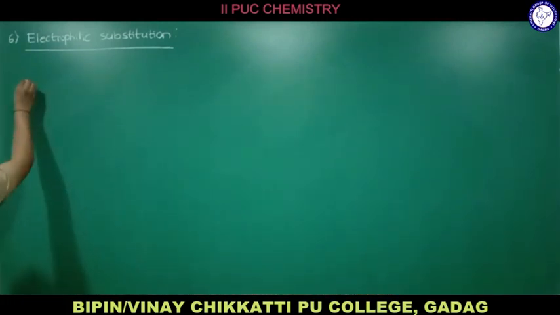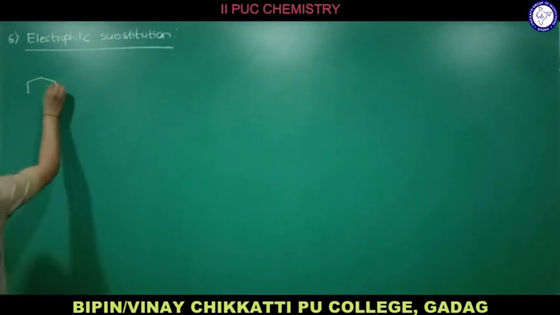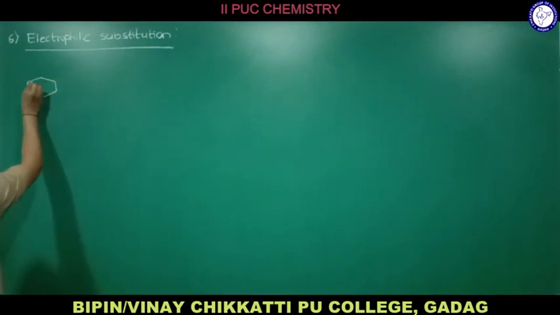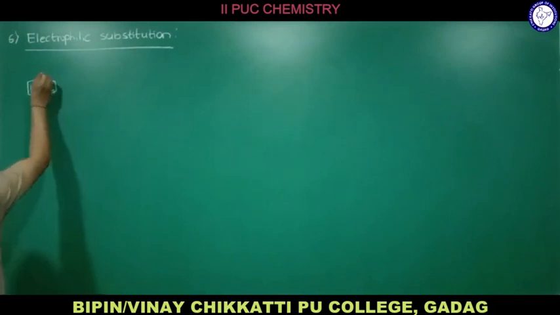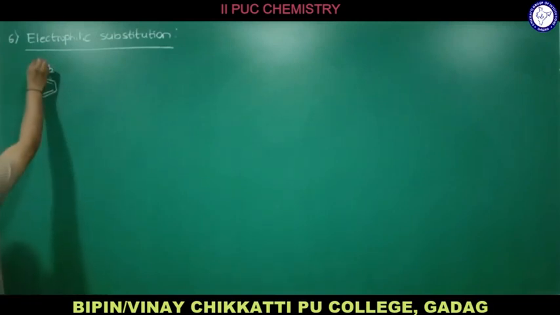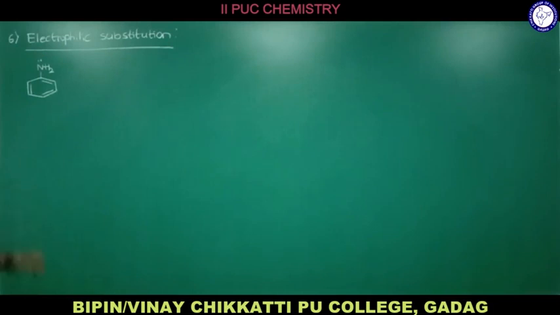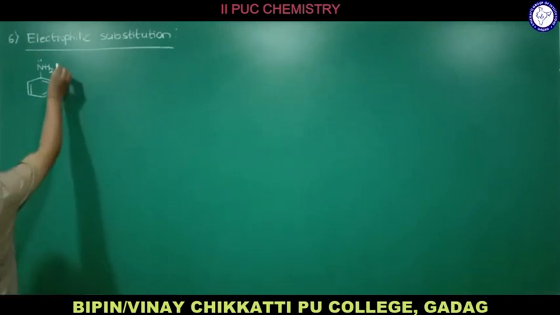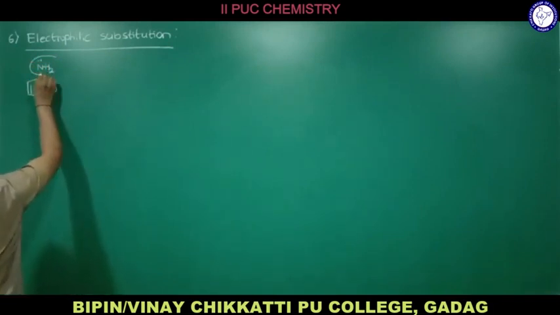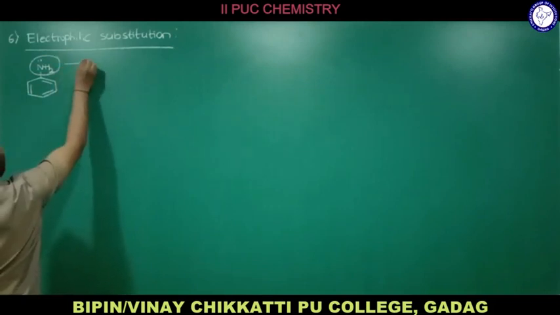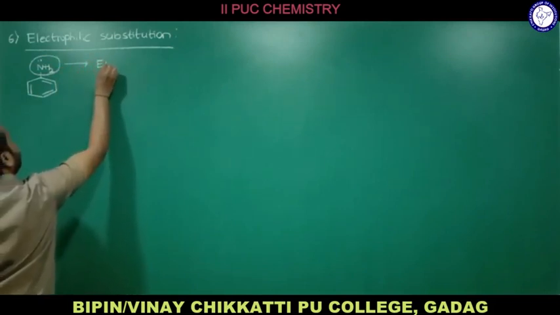For that, let me consider one simple example of an aryl amine, that is aniline. A benzene ring with NH2 is nothing but aniline, and we know that on the nitrogen of aniline we have a lone pair of electrons. So this NH2 group is an electron donating group.